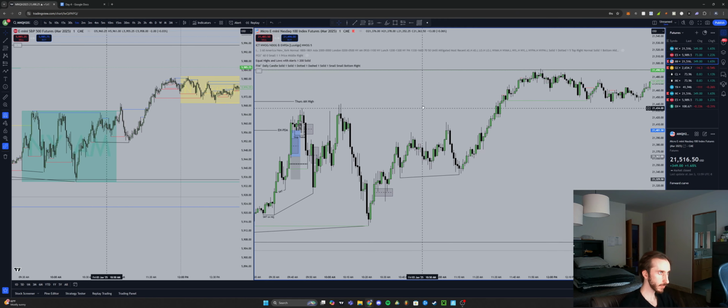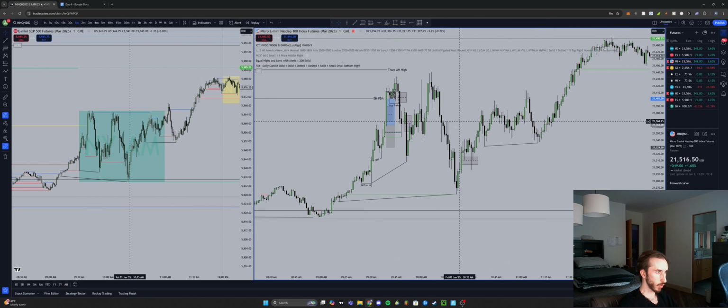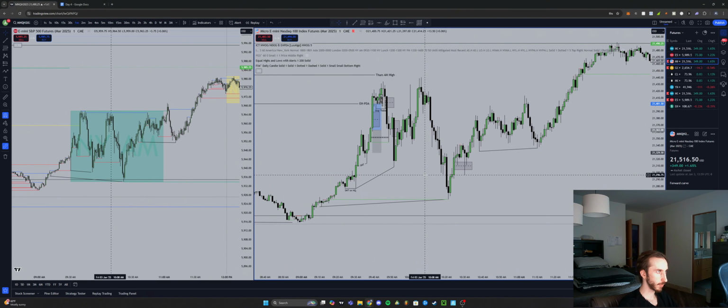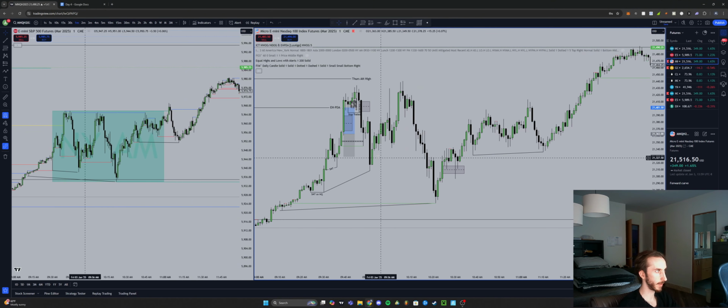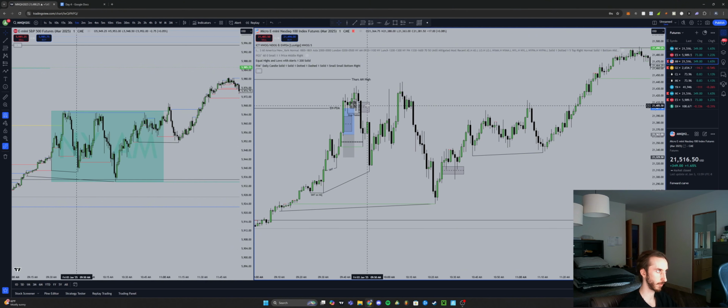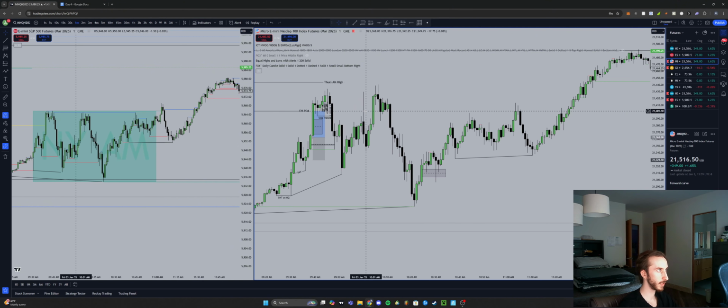So if we look, let's see, where's a good example? Okay, right here. Notice this, right? We have this move up, tapping into this key level, this fair value gap right here. Let me remove this rectangle so you can see it a bit better.